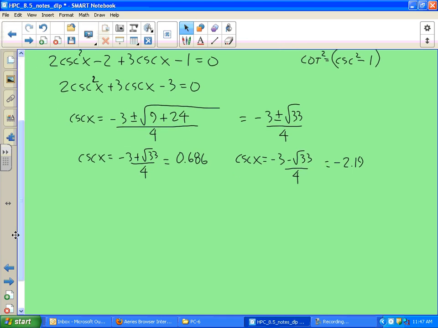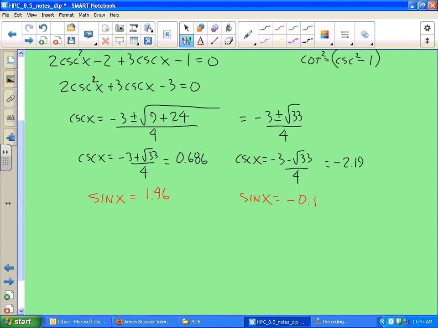All right, so we got to switch our gears here to sine. So if the cosecant of x is equal to 0.686, then the sine of x is going to be the reciprocal of that, which I think is 1.46. And over here, sine of x would equal the reciprocal of negative 0.46.